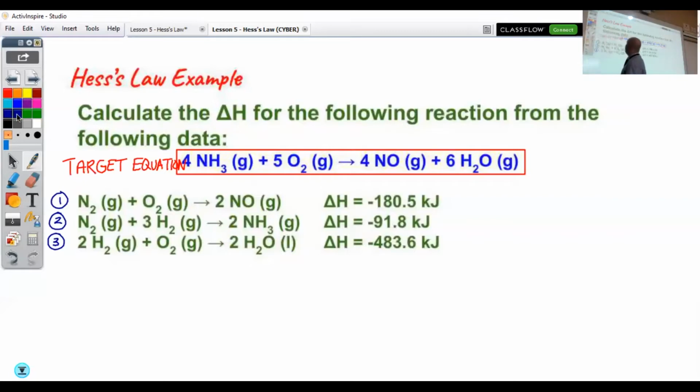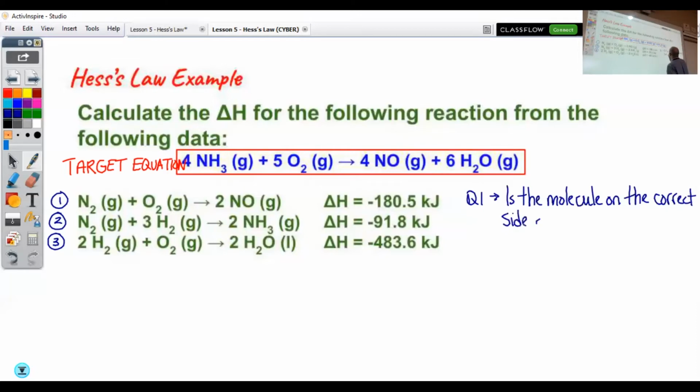So what we want to do is find parts of this target equation down here and then ask ourselves two questions. The first question is, is the molecule on the correct side of the equation?